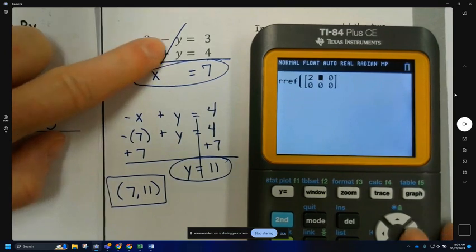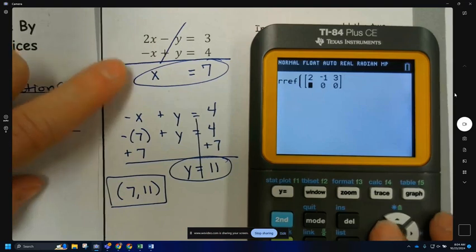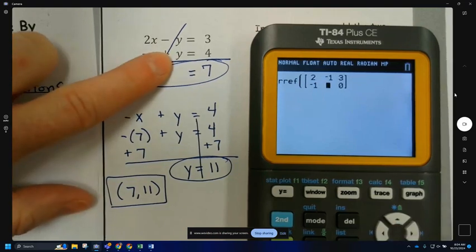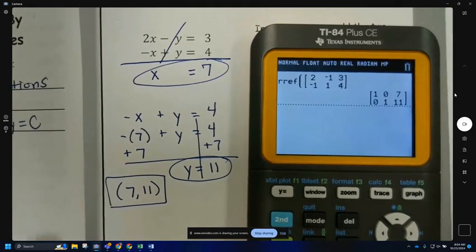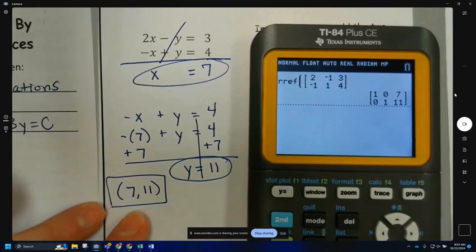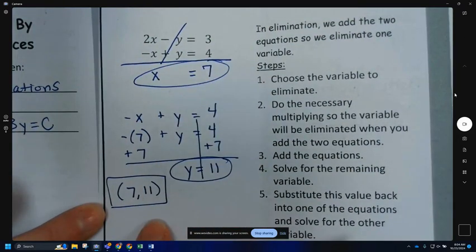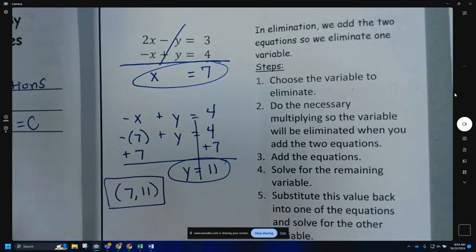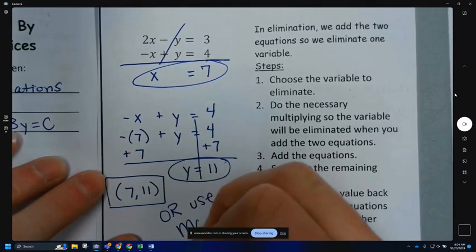So that'd be 2, negative 1, 3, negative 1, 1, and 4. And look what our output is, 7, 11, which is the same thing. So all this to say, if elimination doesn't work or you don't like it or it's not easy for you, matrices will work. So I'm going to put "or use matrices."